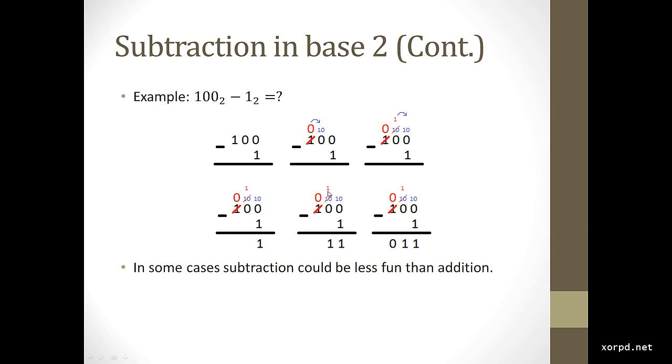Next we subtract 1 minus nothing, or 1 minus 0, which is 1. The result that we finally get is 11 in base 2. By now you've probably noticed that in some cases subtraction could be less fun than addition, because we have to borrow from some distant digit sometimes.